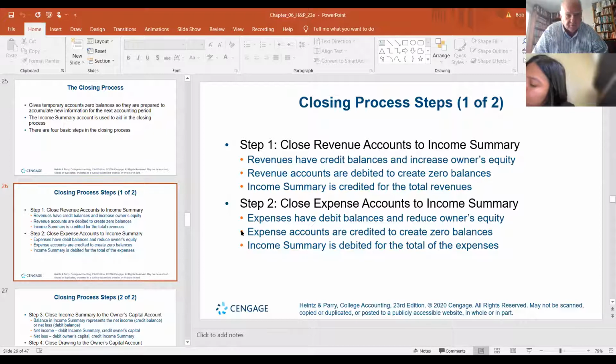You with me so far, Crystal? Yes. Okay, so when we've done these first 2 steps, we've now put the net profit, the net income, into income summary. Would you agree? Yes. Okay, so what is our next step?